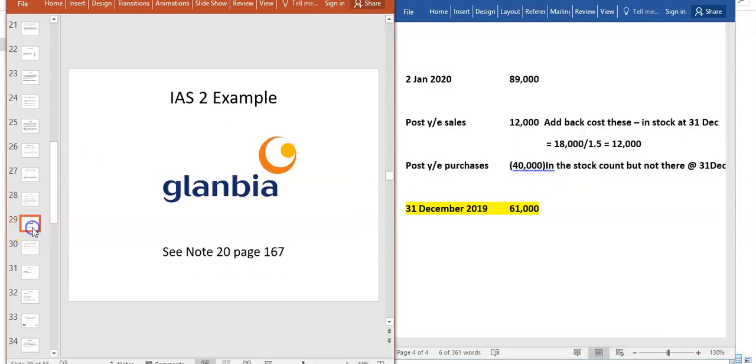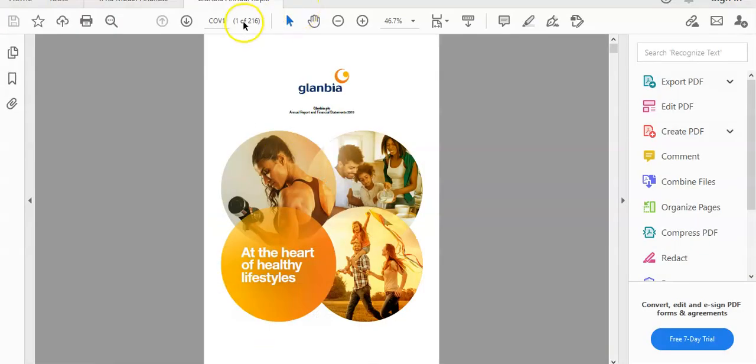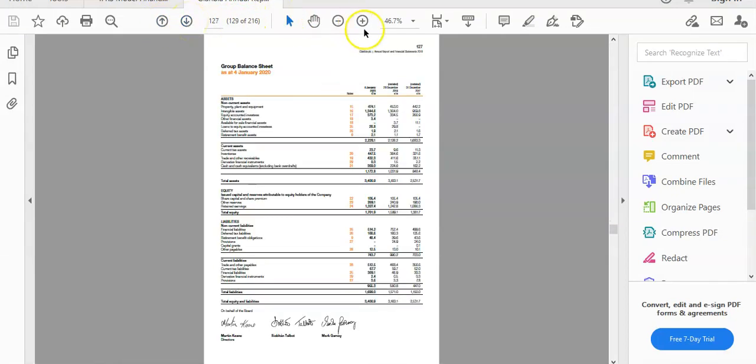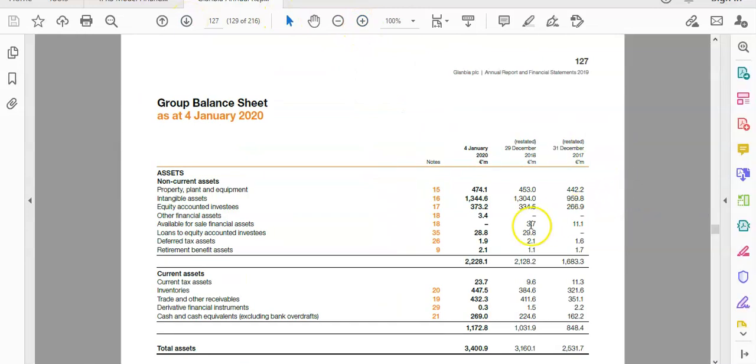So to have a look at an example of IAS 2, a good one there is Glambia. If we look at page 167, where we look at the financial statements first, you see the statement of the group balance sheet. It gives you a note 20 for inventories. Current assets, about 447 million of inventories.